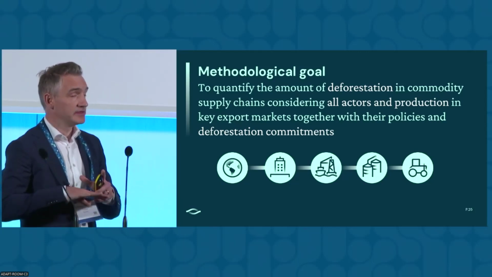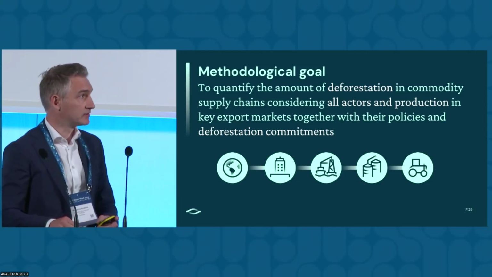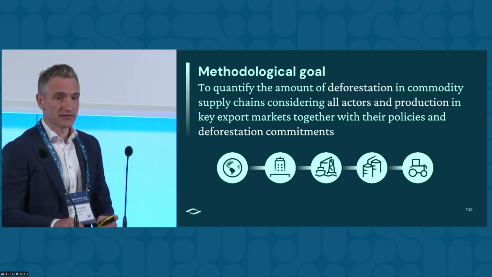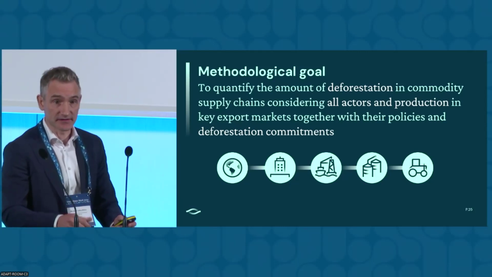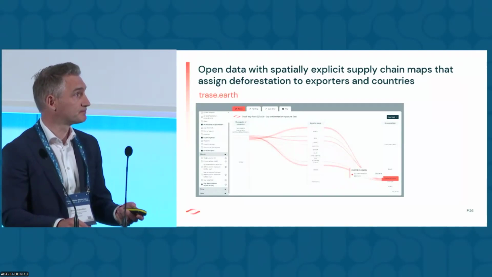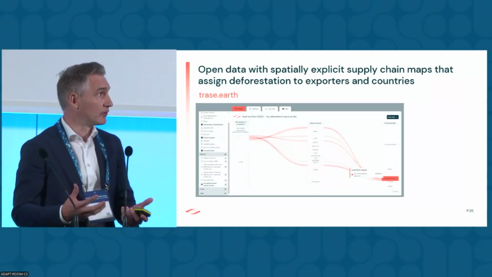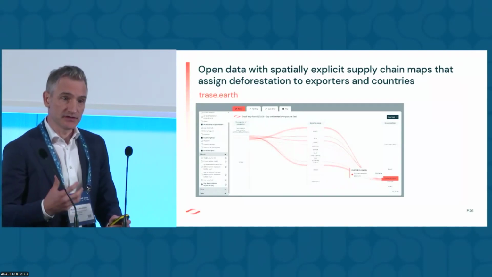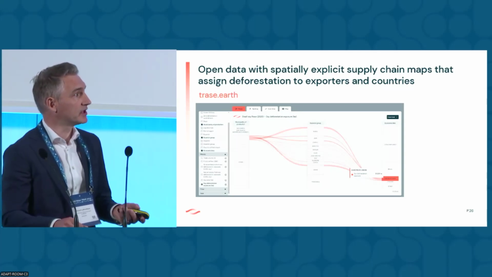We want to map the entire sector, so all of the actors, all of the production of a given commodity market, and then link that to policies and deforestation commitments, for instance, in order to assess the effectiveness of those commitments. Then the data is made openly available on our brand new website, trace.earth, where you can navigate some visualizations that help you get to the nitty-gritty of the information from these supply chains.